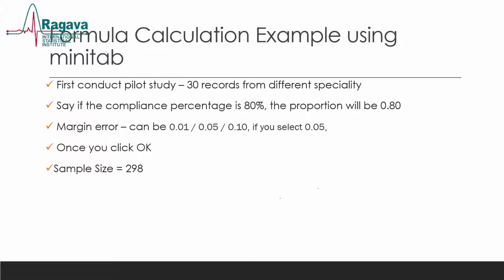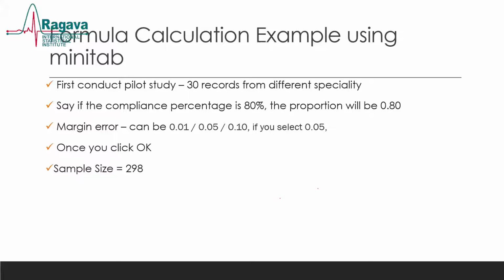I am just giving you an example of how this is carried out using Minitab. First, conduct your pilot study for 30 records from different specialties that you have in your hospital. For example, you have a compliance percentage of 80% during your pilot study. The proportion will have to be converted to a ratio, so it will be 0.80.